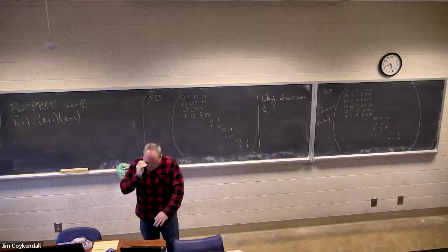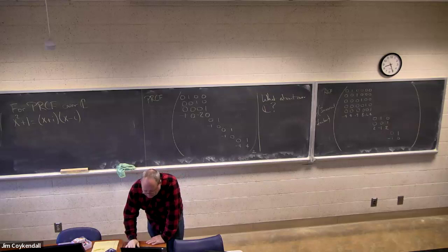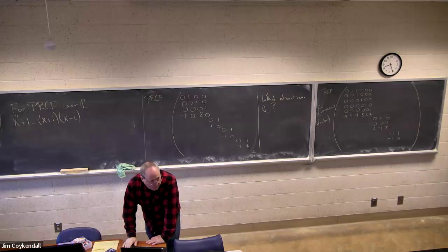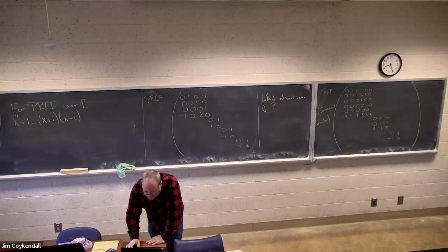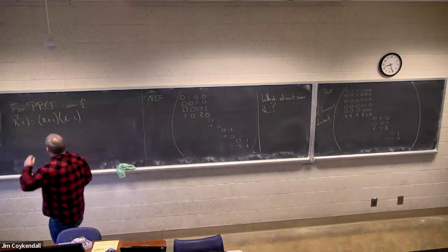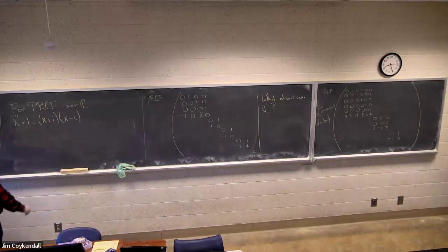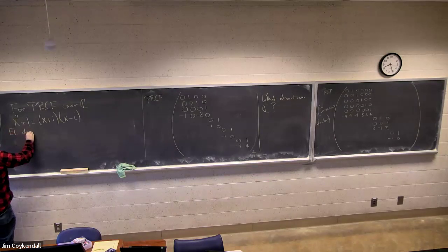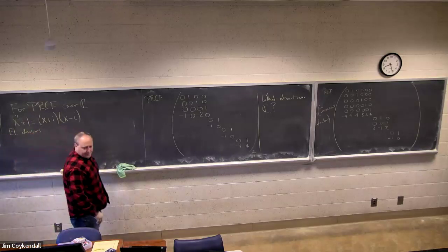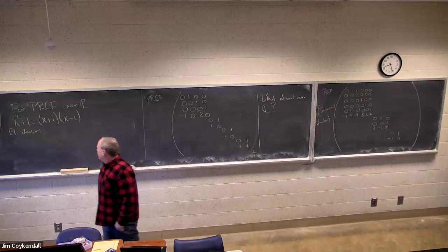Of course, over the complex numbers, there are no irreducible polynomials of degree bigger than 1. So we've got that going on. Then my elementary divisor should be this.